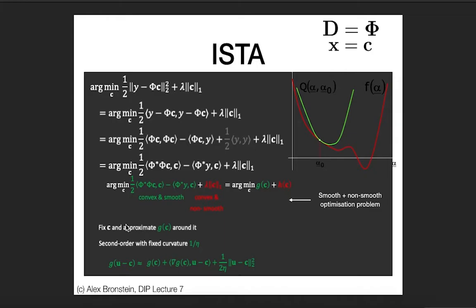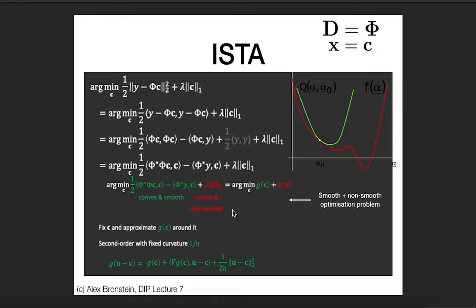So Alex says you want to fix C and approximate the G of C around it, right? By G I mean the smooth part of your objective function. If your function is something like this, you want to minimize over the green thing, reach the minimum there, and then project it back to your original function and do it iteratively, so that at one stage you will end up with this point, right?